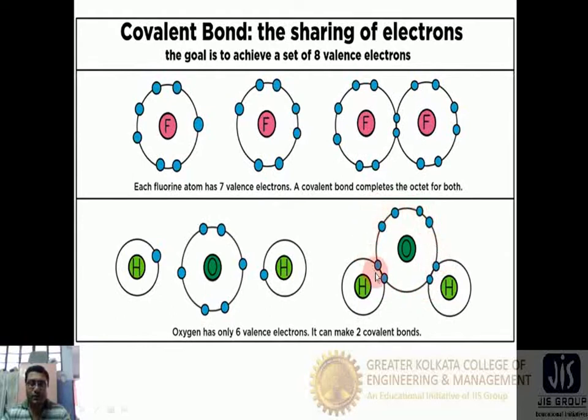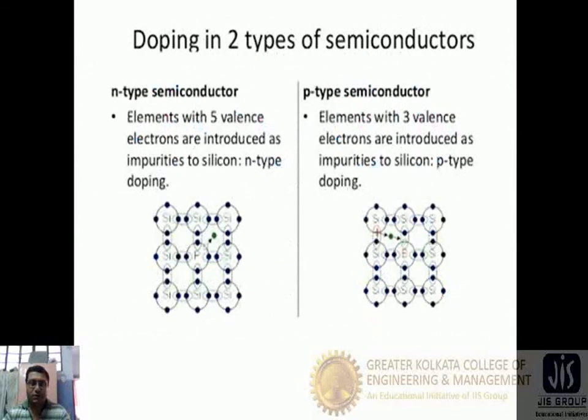In this way they share electrons in the outermost shell, form the covalent bond, and become stabilized. These are the two examples of covalent bonds. We can see how these covalent bonds are applied in our semiconductors. We'll discuss one by one.